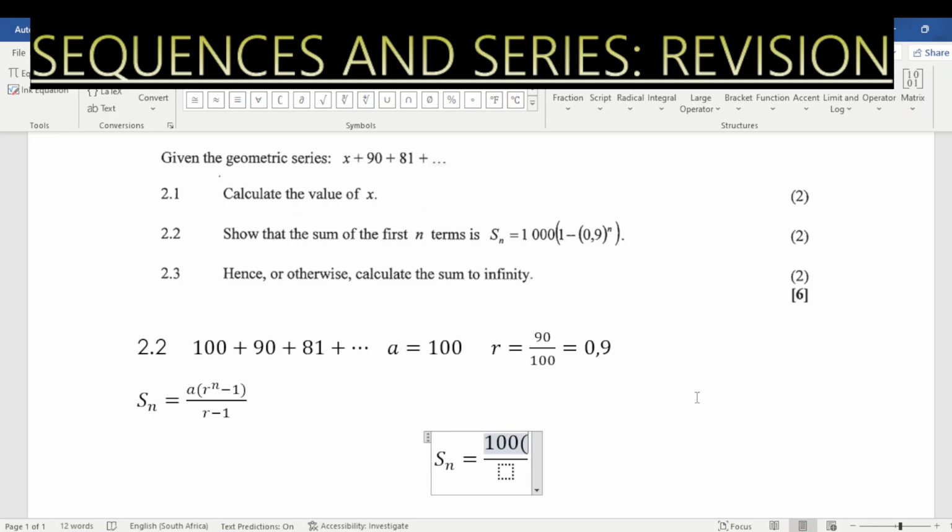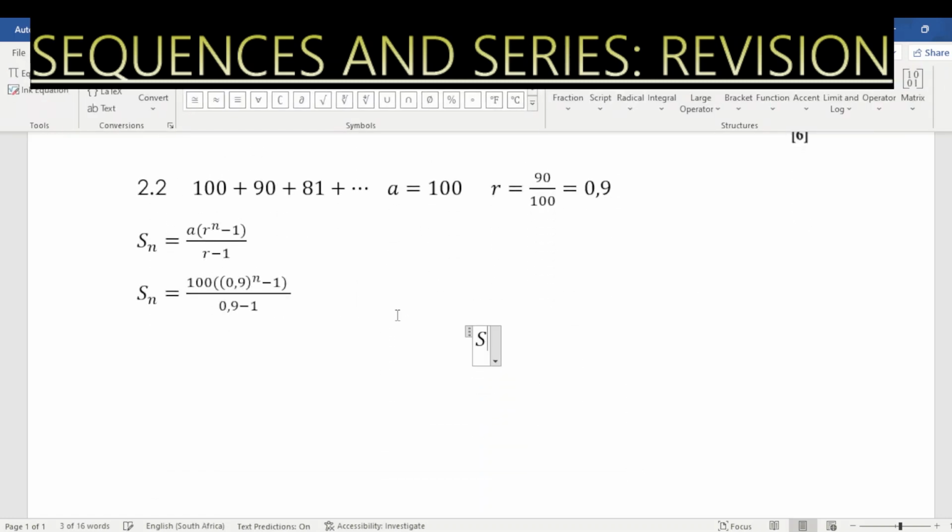Put in everything else that you have. By the r value, I would put it in brackets and to the power of n minus 1. And then divide it by r minus 1. So 0,9 minus 1.